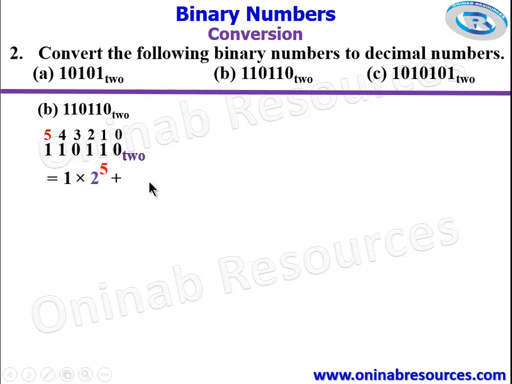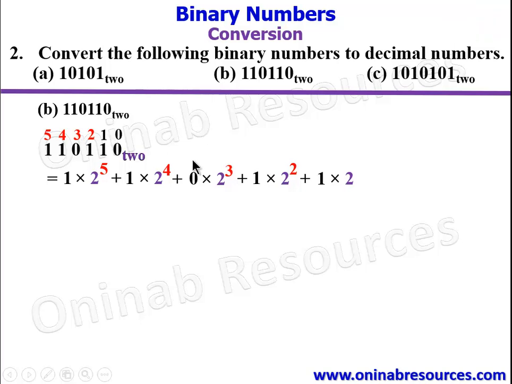Okay, then plus 1 times 2 raised to the power 4. Then plus 0 times 2 raised to the power 3, plus 1 times 2 raised to the power 2, then plus 1 times 2 raised to the power 1, then plus 0 times 2 raised to the power 0.